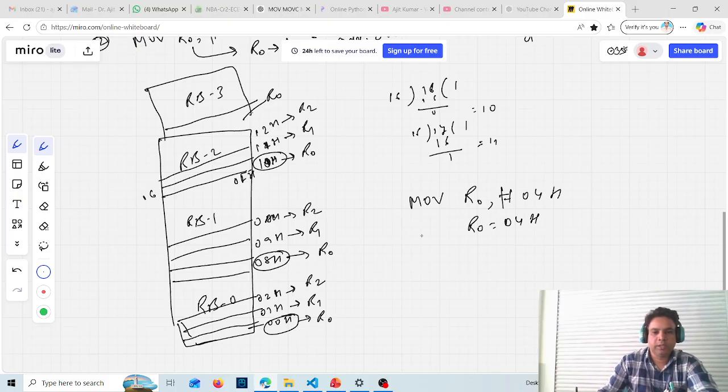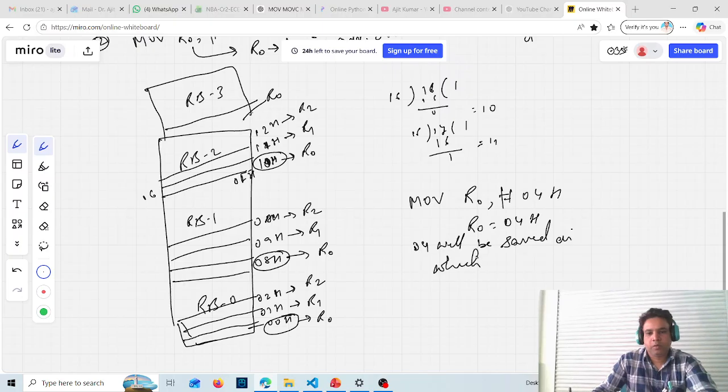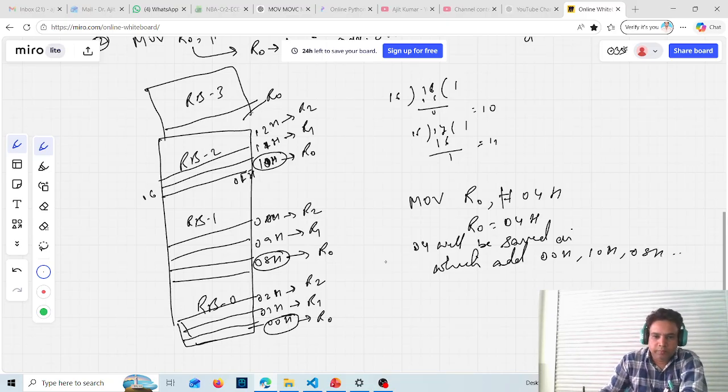Then in which address will this 04 be saved or moved in? Is it 00H, or 10H, or 08H?